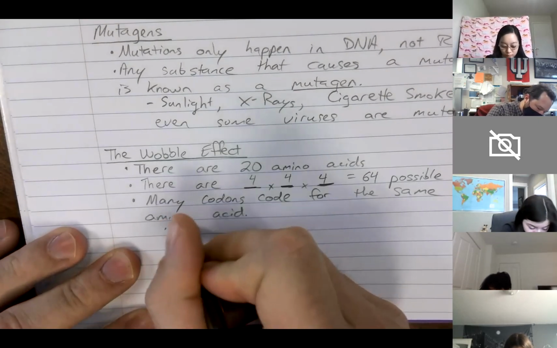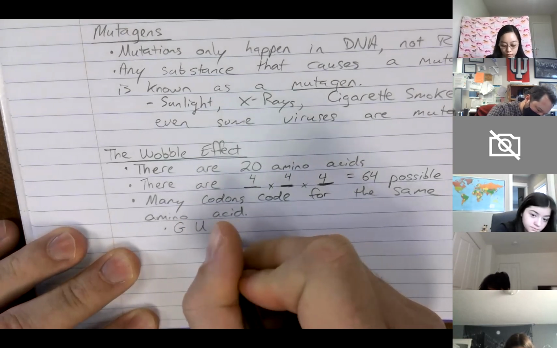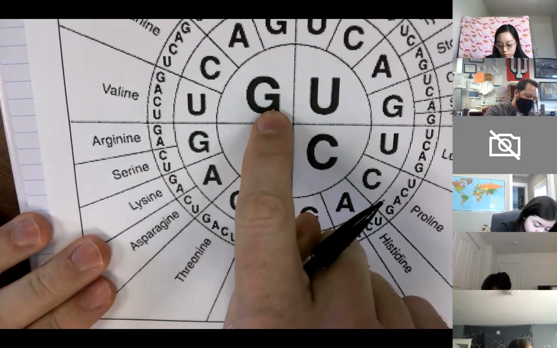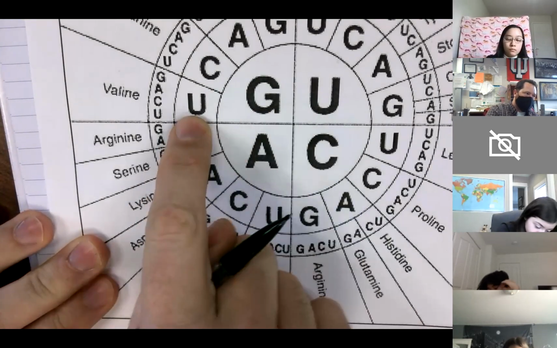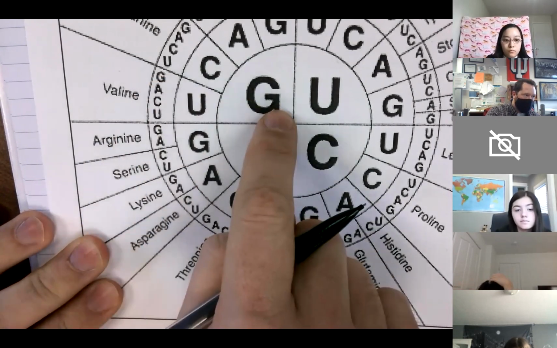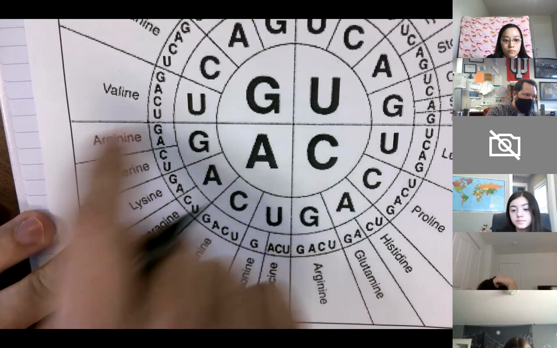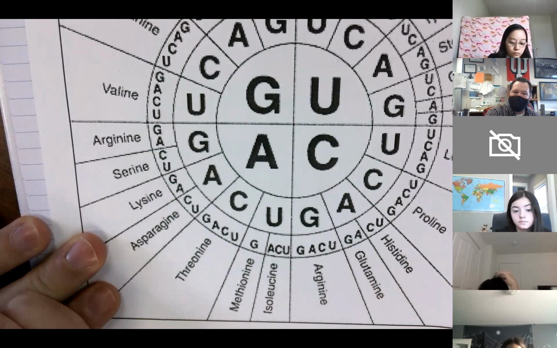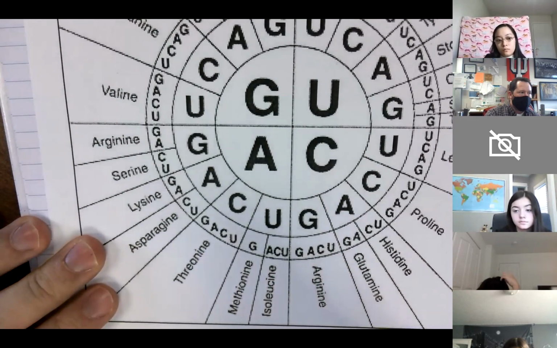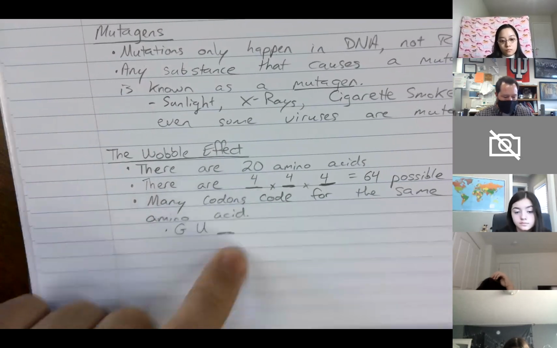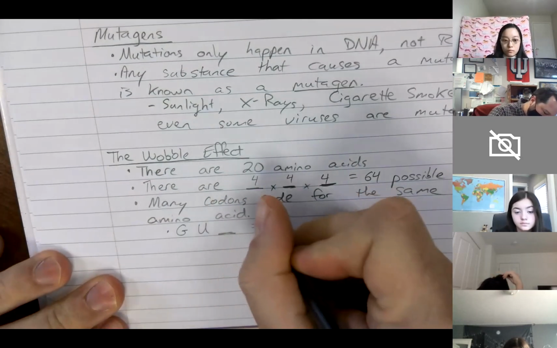For instance, if you take a look at your codon wheel and you start off GU, it doesn't matter if you go GUG or GUA or GUC or GUU. It doesn't matter. They're all going to code for valine. So as long as you get GU, last letter doesn't matter.